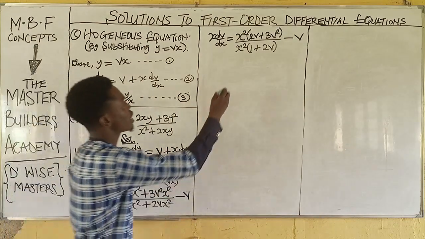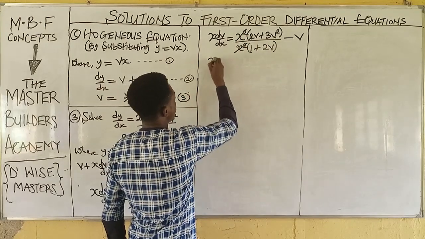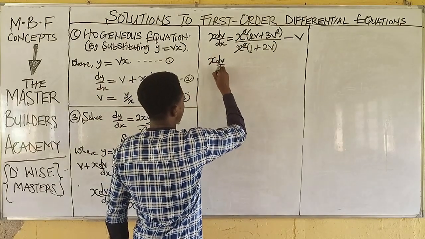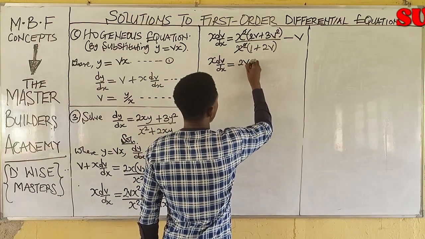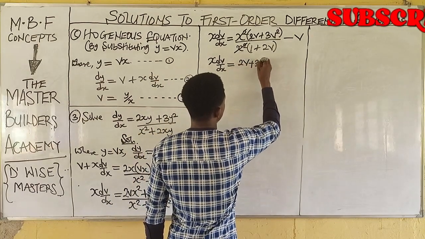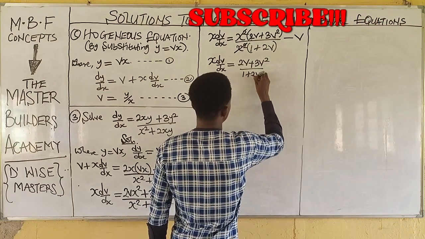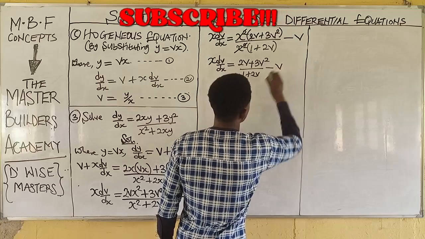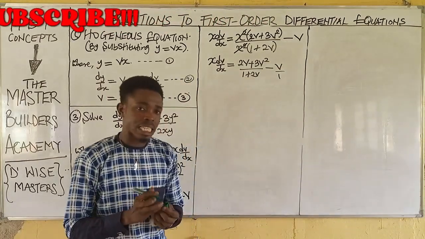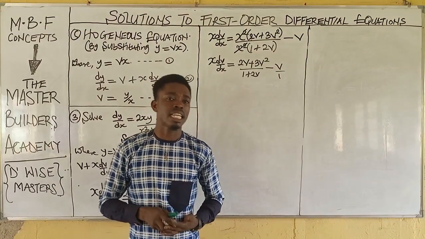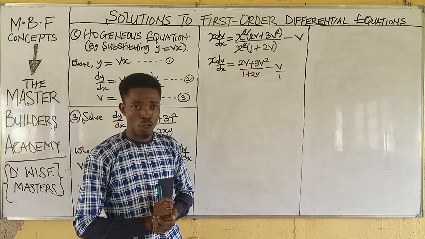Now, the next thing we do here is to cancel out this. Then we have x dv over dx is equal to (2v plus 3v squared) all over (1 plus 2v) minus v. And now we see that at the right hand side, we have successfully eliminated x, and the right hand side is a function of v only.